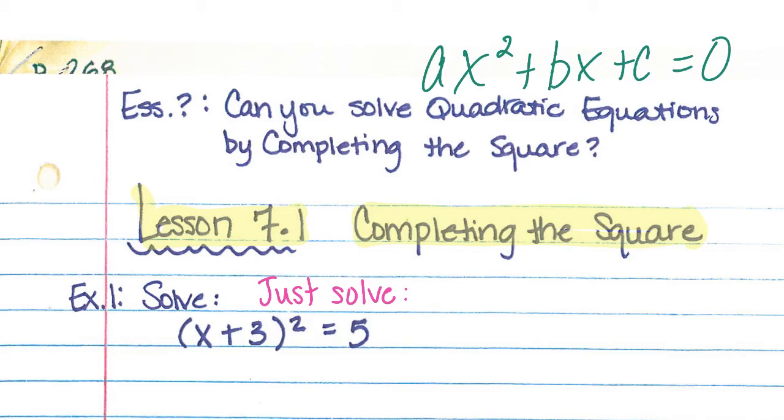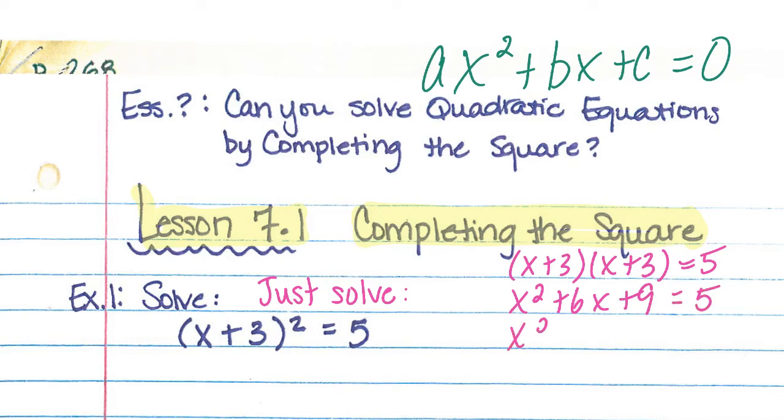And if I FOIL this, let me show you what's going to happen. If I FOIL this and set it equal to 0, I have x squared plus 6x plus 9 is equal to 5, x squared plus 6x plus 4. There are no factors of 4 that add up to be 6, so we can't even do this.